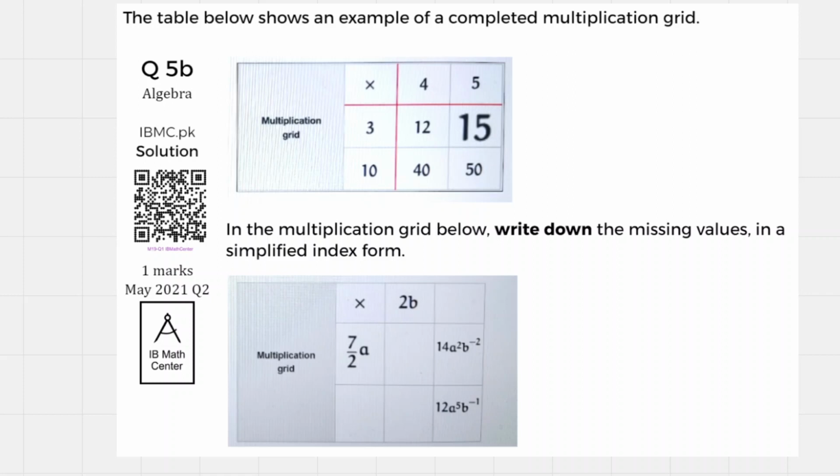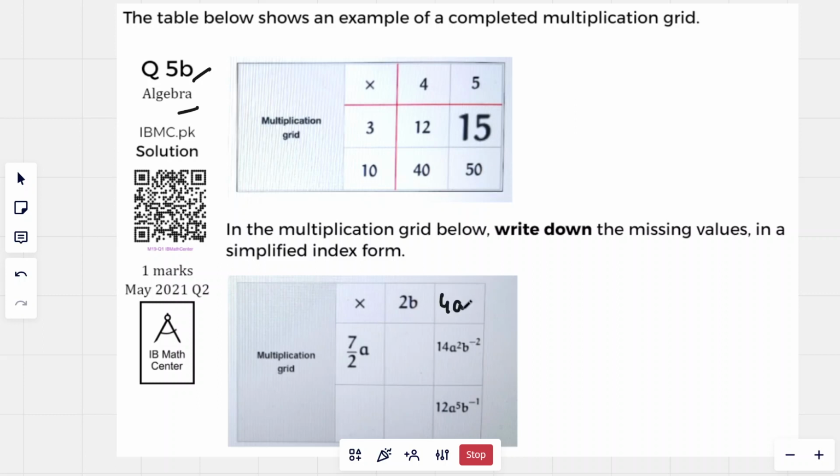This is question number 5, part B of the MYP Topical E-Assessment Algebra series. For those of you who are here for the answers to this question, please note that the answers are 4ab to the power negative 2, 7ab, 3a to the power 4, b to the power 1, and 6a to the power 4, b to the power 2.